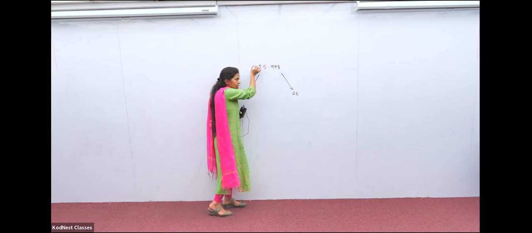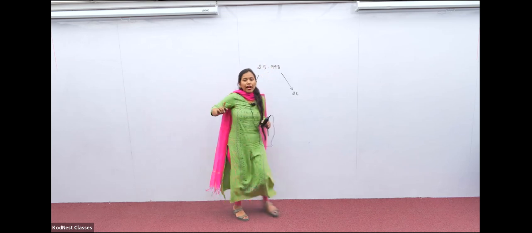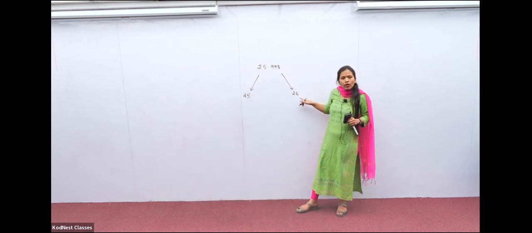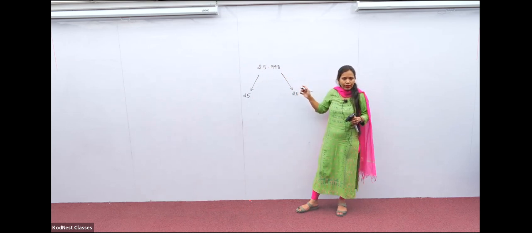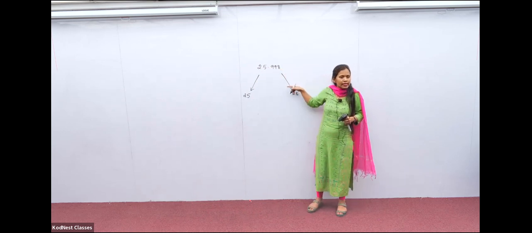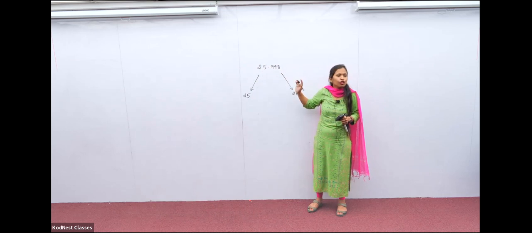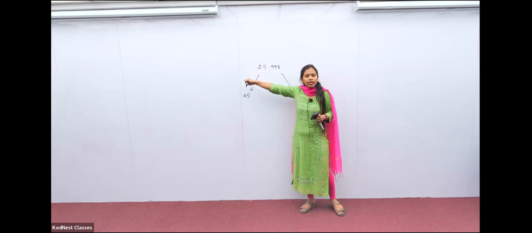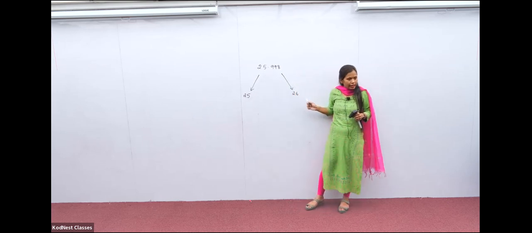Ma'am, 25.998 is almost near to 26. So if we round off with some function, it will become 26 because it is very near to 26. If you are thinking like that, no. For this number, the lowest possible integer happens to be 25 and the highest possible integer happens to be 26.